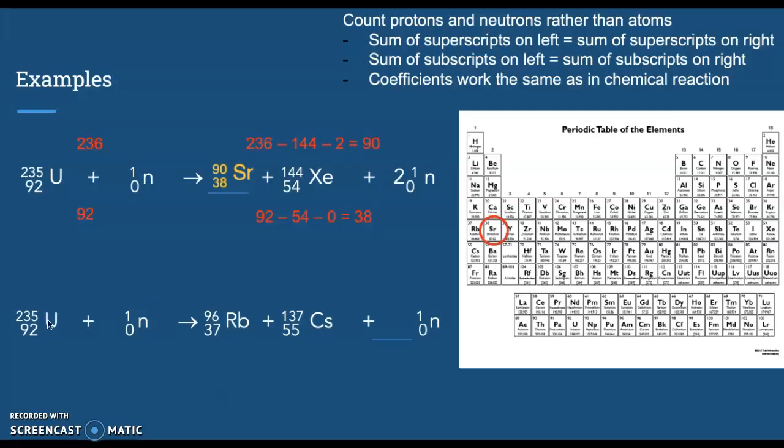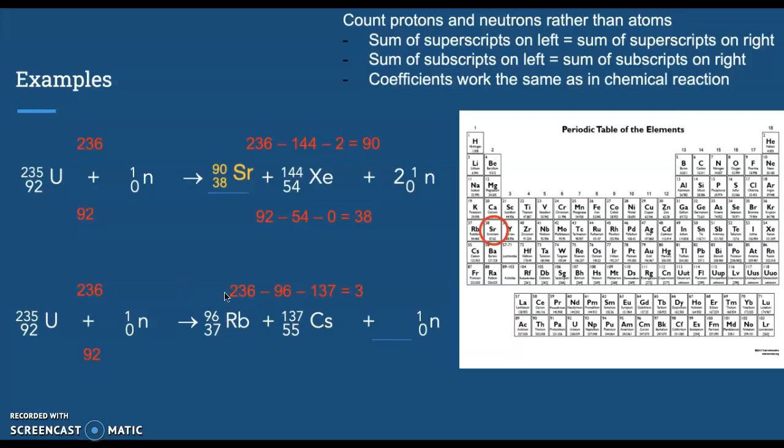In this next reaction, we have uranium-235 again, reacts with neutrons to get rubidium and cesium. So we want to find the number of units of neutrons to balance this entire equation. For superscripts, we do 235 plus 1, and we get 236 again. And then for subscripts, we do 92 plus 0, and we get 92 again. For the superscripts on the right, we want a total of 236.